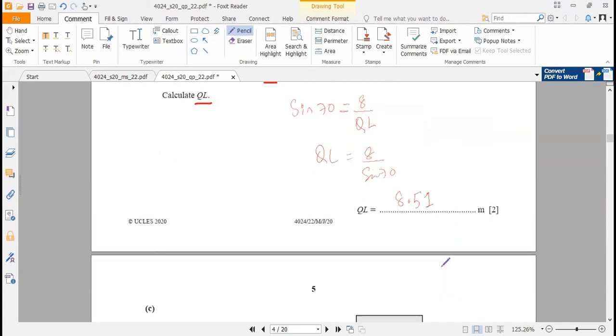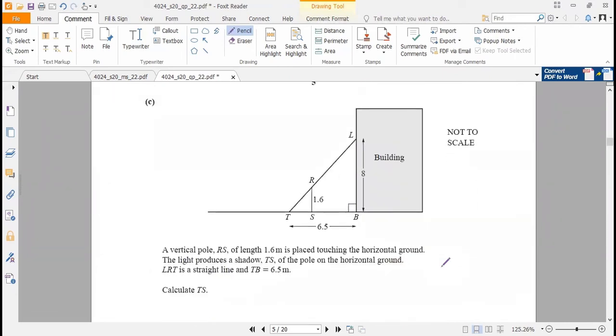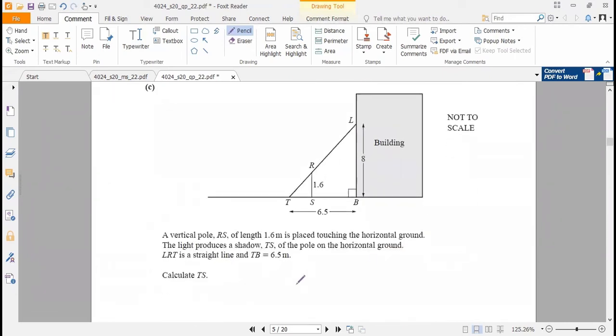Now come to part C. A vertical pole RS of length 1.6 is placed touching the horizontal ground. This is the pole, its length is 1.6. The light produces a shadow TS of the pole.